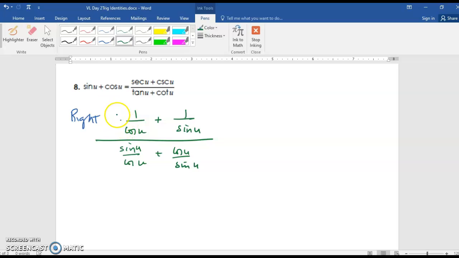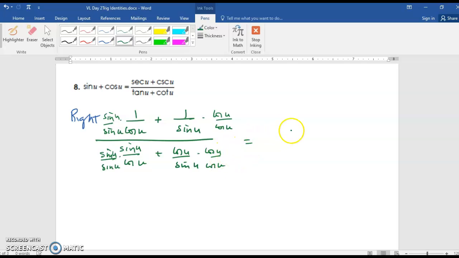Okay, so you would try to get common denominator by multiplying with the opposite denominator, right? Same thing here. Right?